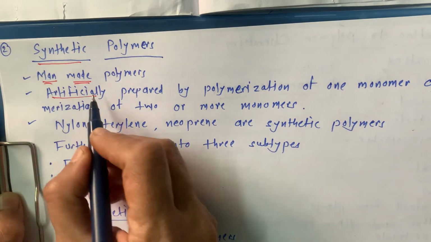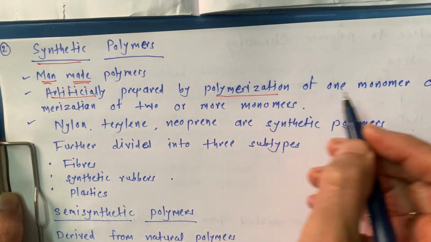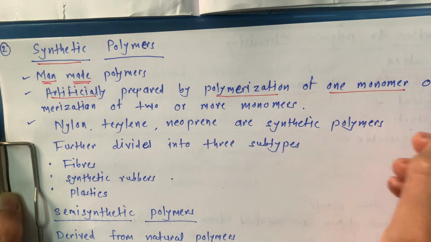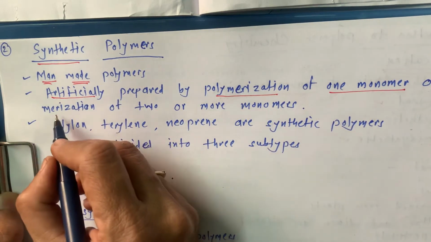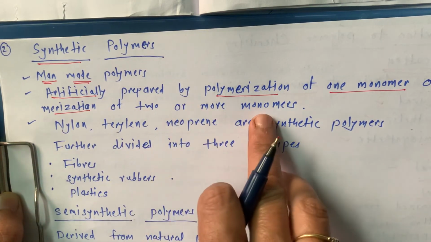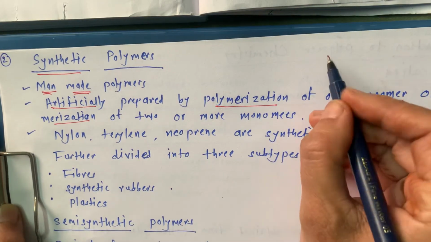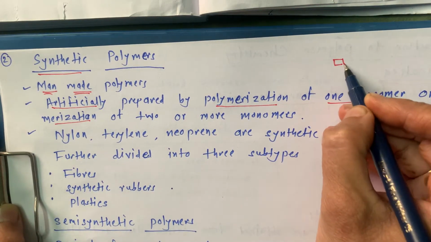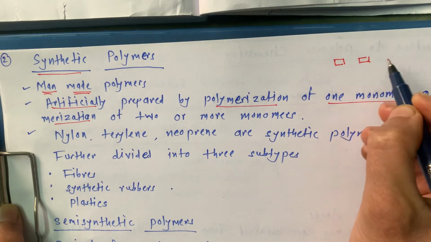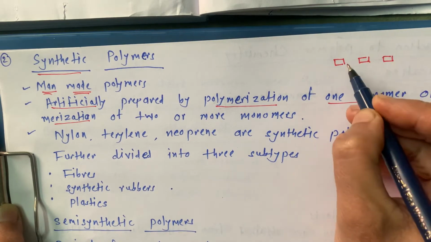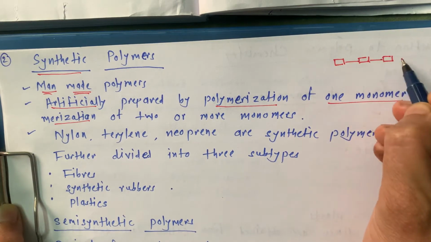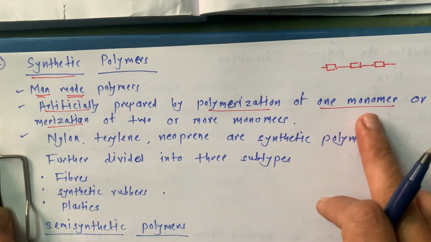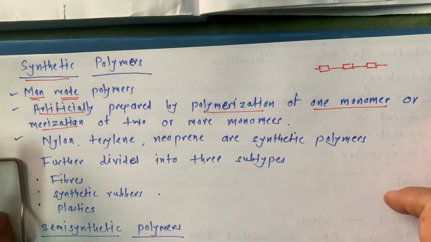These are artificially prepared by polymerization of one monomer or copolymerization of two or more monomers. Means one single unit, the same unit, can repeat like this. This is the monomer, and when they link like this, it is from one monomer.